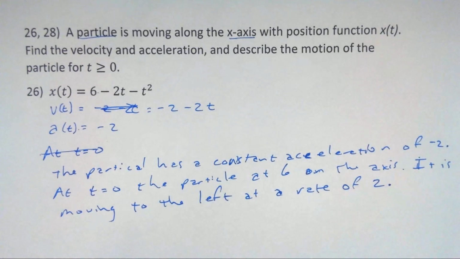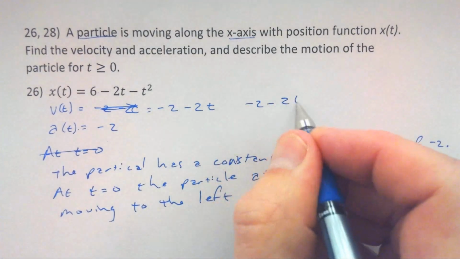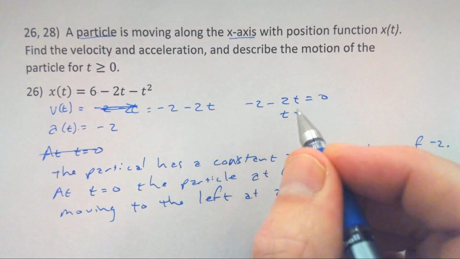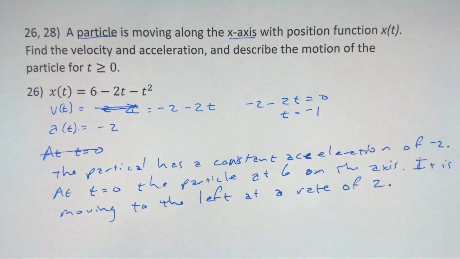Okay. The next thing we might want to do is talk about when it turns directions, or if it turns directions. It's going to turn directions when negative 2 minus 2t is equal to 0, or when t equals negative 1. And when does t equal negative 1?